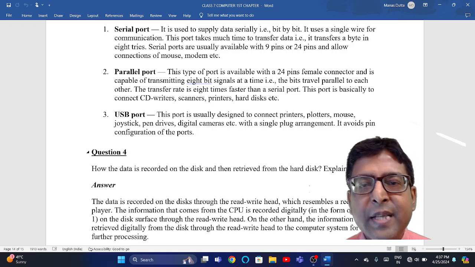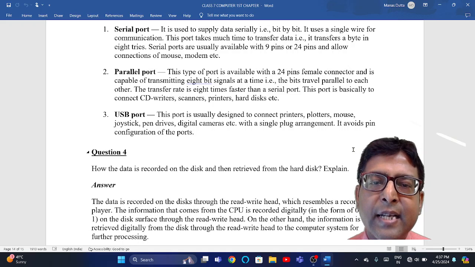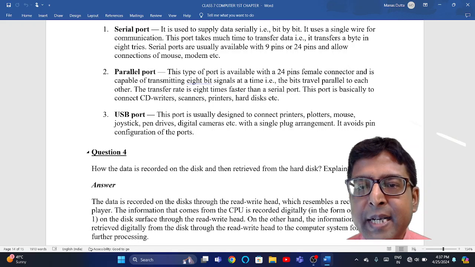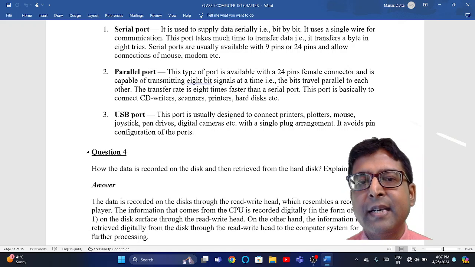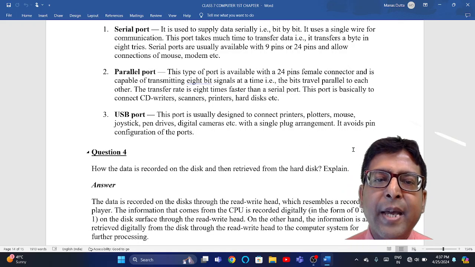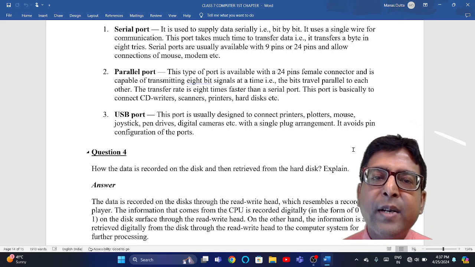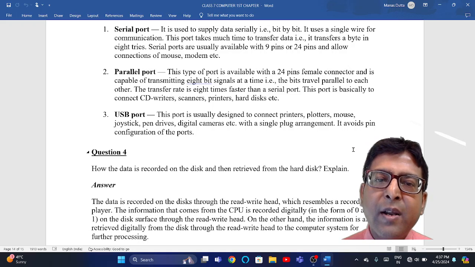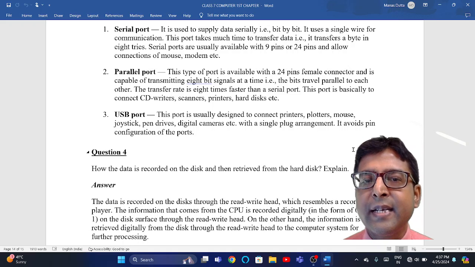This port is basically used to connect CD writers, scanners, printers, hard disks, etc. That is, the parallel port is faster than the serial port, because for each bit there are parallel lines connected.